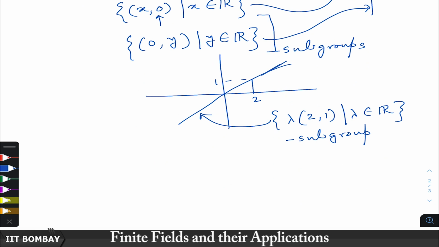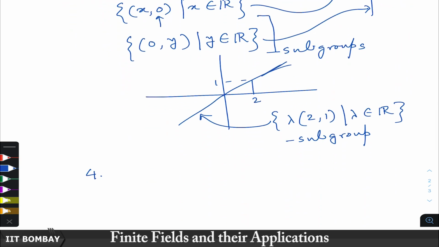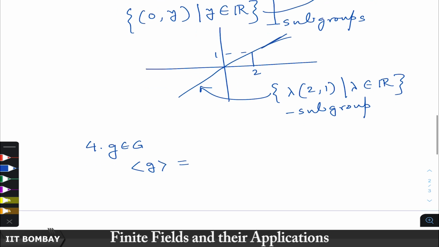Now, let us take another example. Take any group G and any element g in it, and let us take the set which we denote by this symbol. We will say this is the subgroup generated by that element g.